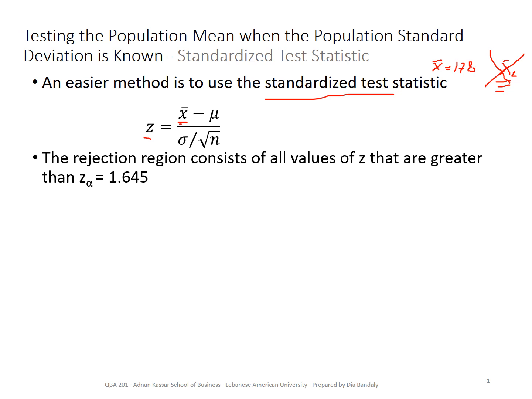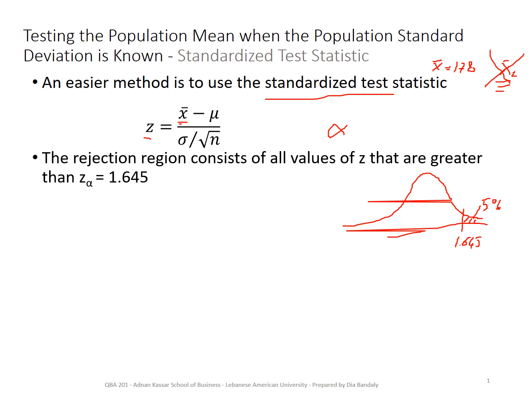So when alpha is given to be 5%, I know from the Z table that a Z value such that this area is 5%. Okay, I know that. I can read it easily. It's 1.645, right? How did we find that?